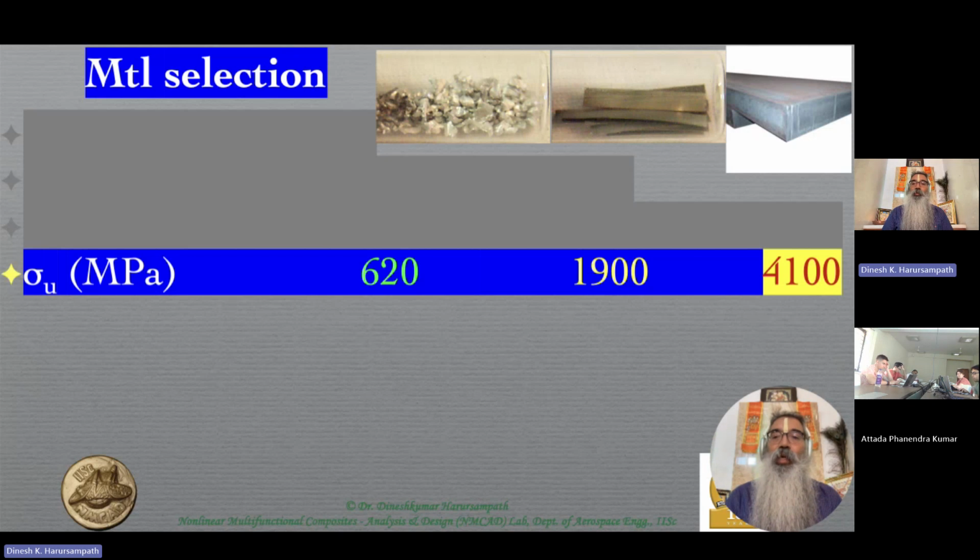Okay, so that's 3 times, and then you see even more than double of that for titanium, and therefore about 6 to 7 times that of aluminium is the typical value for steel, 4100 megapascals. Again, there's a huge range.